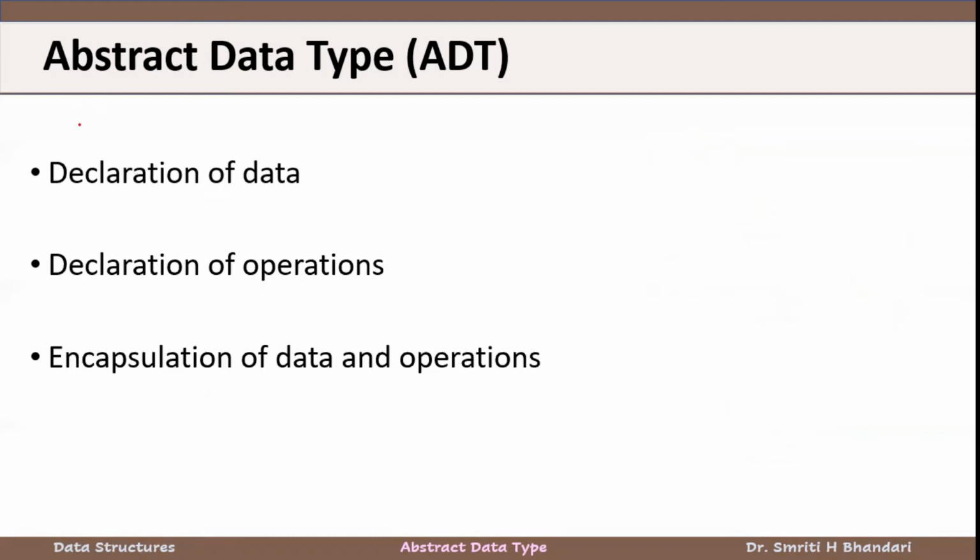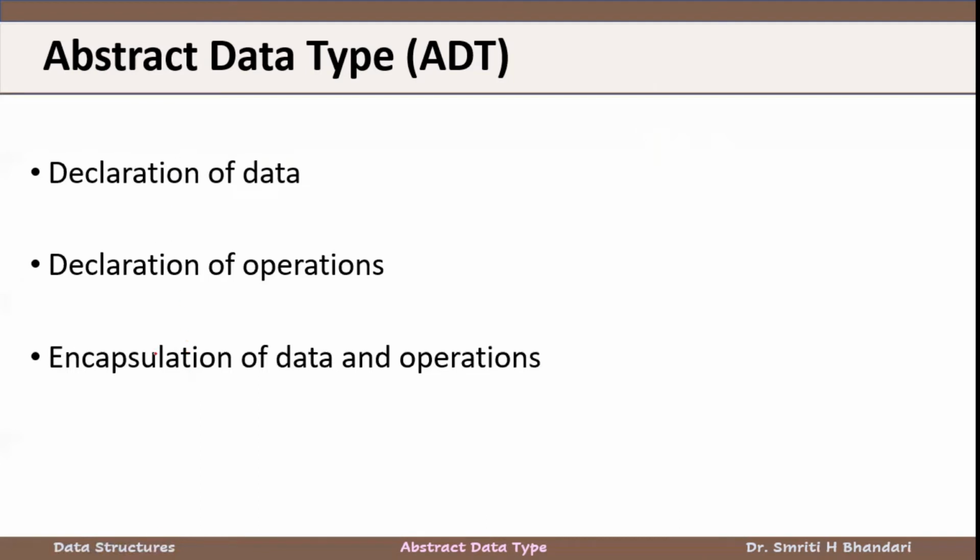So let us list out important points related to ADT. Using ADT, we can declare the data, we can declare the operations that are being performed on the data, and data and operations are being encapsulated.